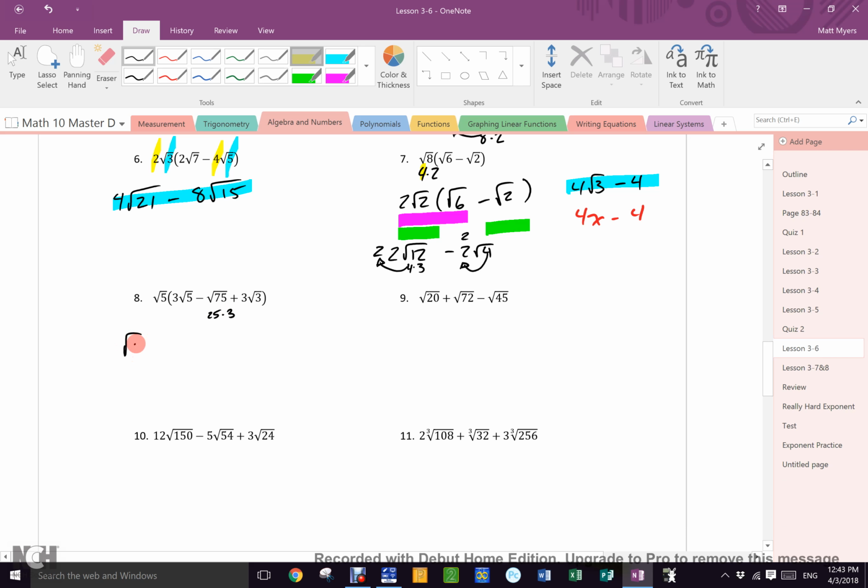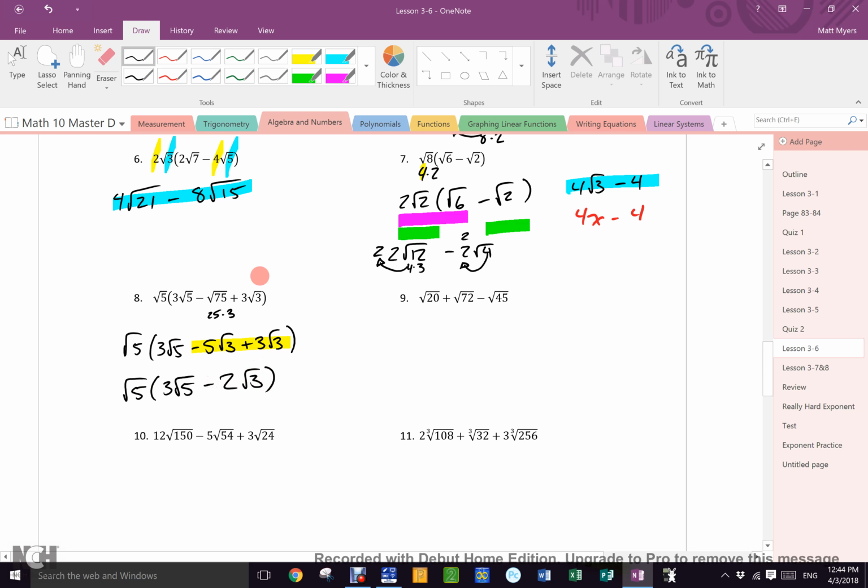So I've got 3 root 5 minus 5 root 3 plus 3 root 3. Now what do you notice right there all of a sudden? Are they like terms? So can I put them together? What's negative 5 plus 3? 3 root 5 minus 2 root 3.